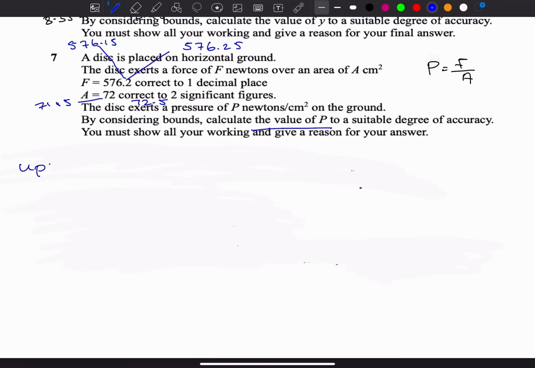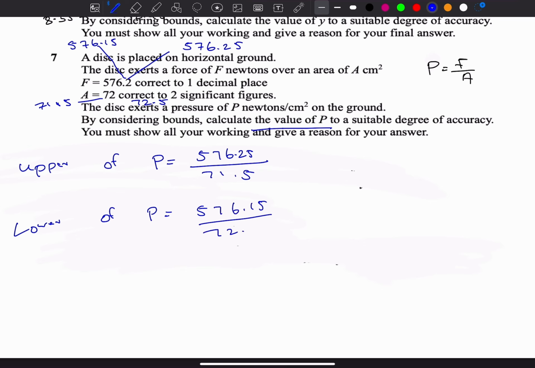So upper bound of pressure, upper of P, upper over lower: 576.25 over lower 71.5. Lower bound of P, opposite: 576.15 divided by 72.5. Let's check the answers. Okay, let's see what it reads.